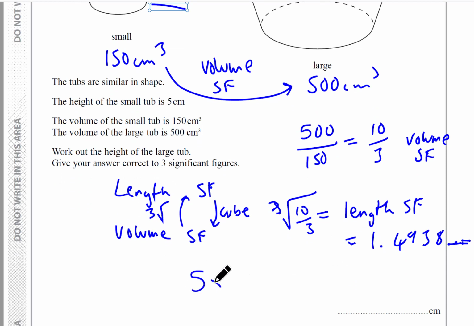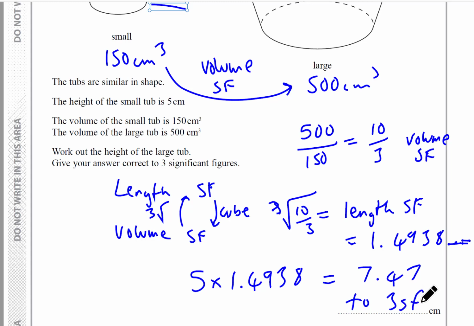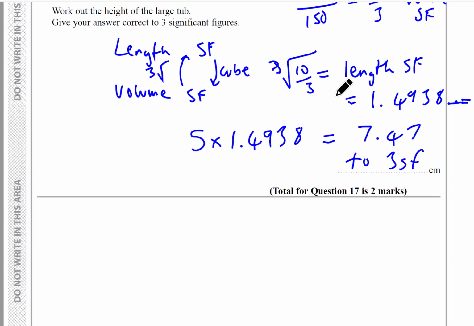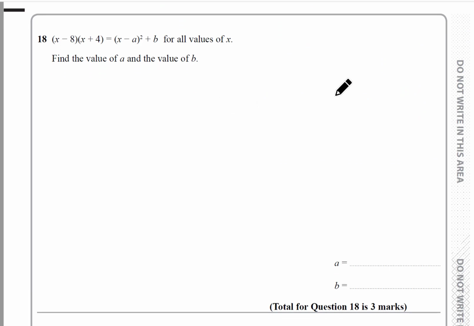You just do 5 times your last answer, 1.4938, and to 3 significant figures, the answer will be 7.47. That's quite nice. So if you understand similar shapes and the scale factors between them, that should be an easy 2 marks towards the end.